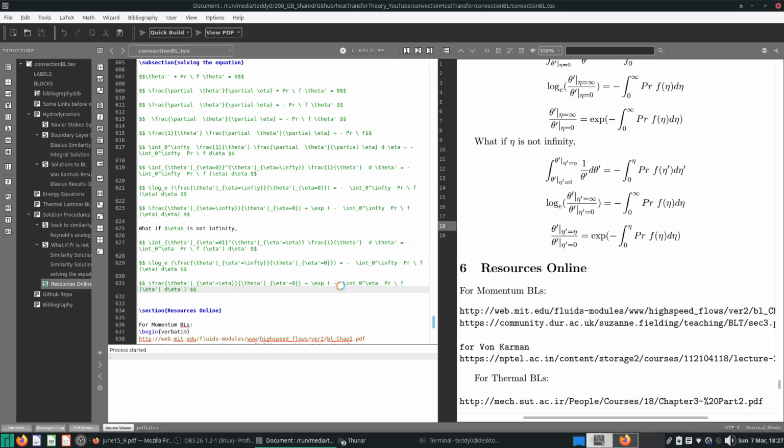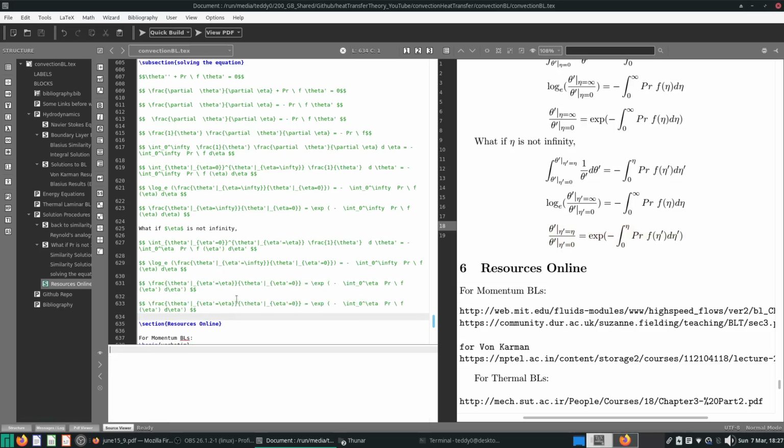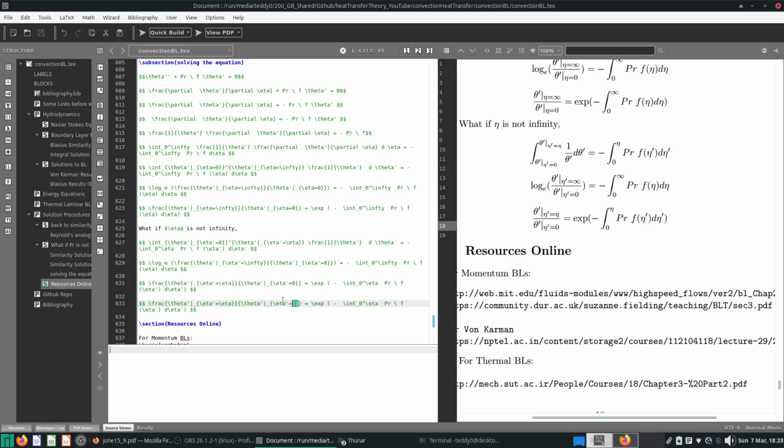Okay, so now what? We can bring this term to the other side, and then it'll just be a first order. It's a very simple calculus problem after that. Okay, this part here is a constant. And this one here is just theta prime at eta.